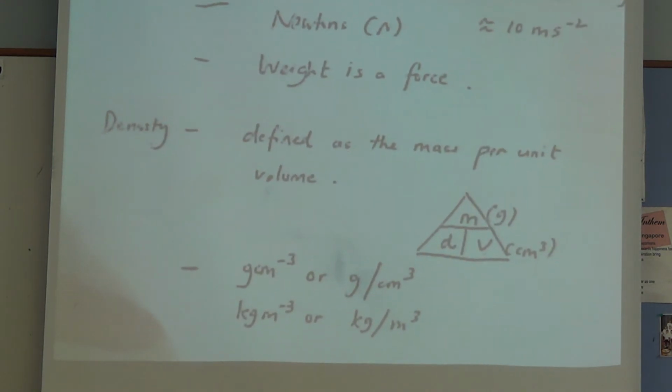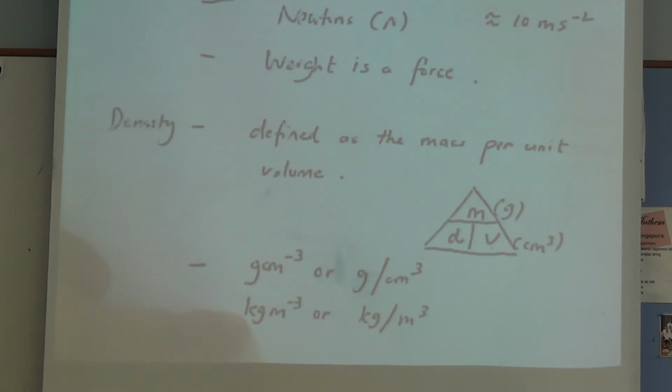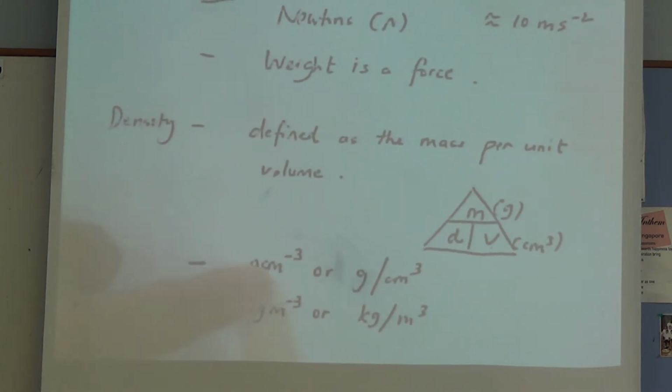Now, can you mix and match? For example, can I change the unit to kilogram per cm cube? You can. But in the exam, you are usually given the answer column, right? The answer is how much, right? Now, there's always a unit at the back.